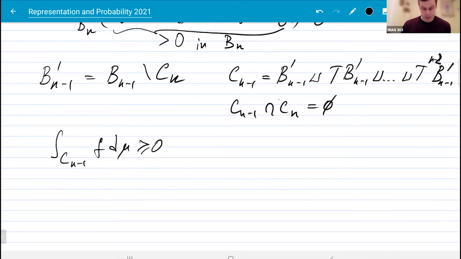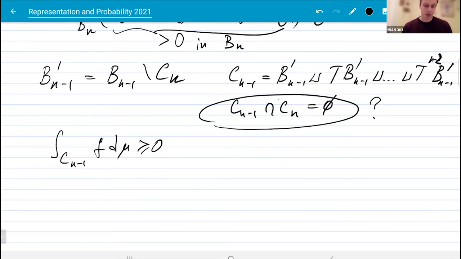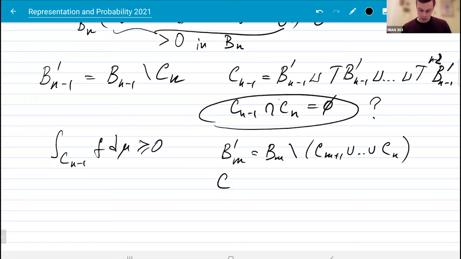So at any step, but this is now a mystery bit. So then I iteratively write B prime m is Bm minus Cm plus 1 through Cn, and Cm is B prime m together with its images.